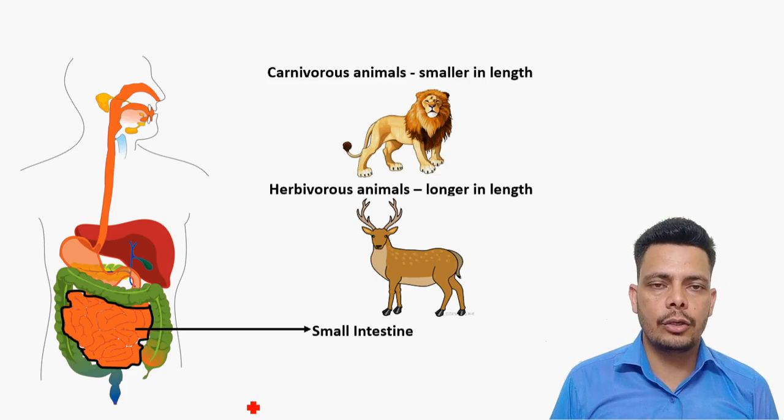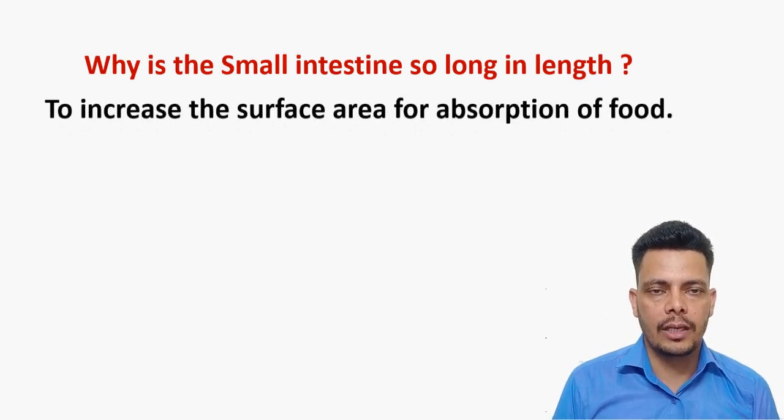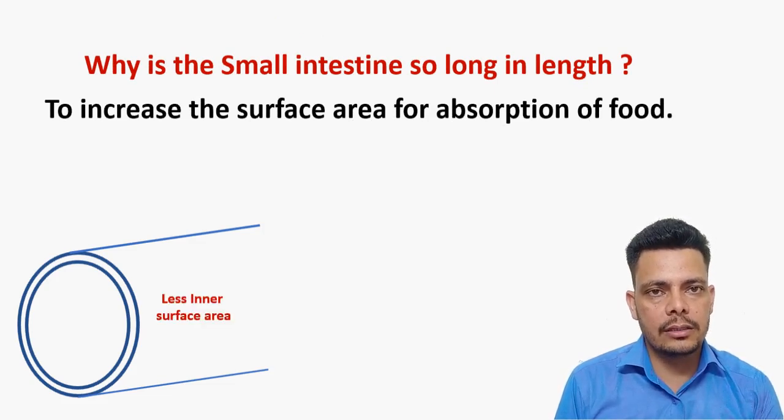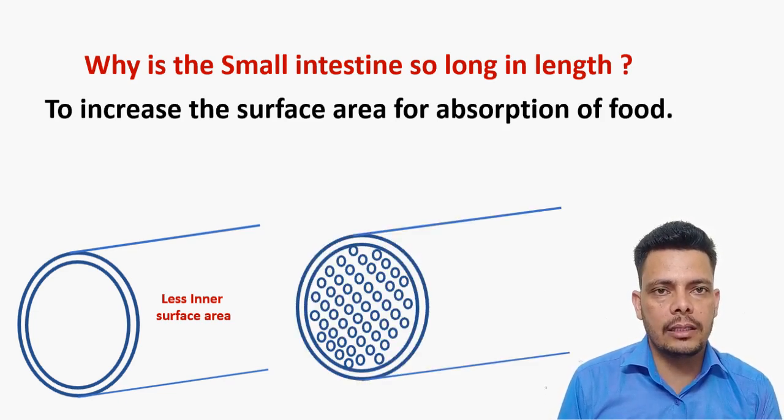So why is the small intestine so long? To increase the surface area or the absorption area. Suppose you have a big pipe with a large diameter, you measure the inside surface area, then you put very small pipes inside it, and then you measure the surface area of each pipe and add up.